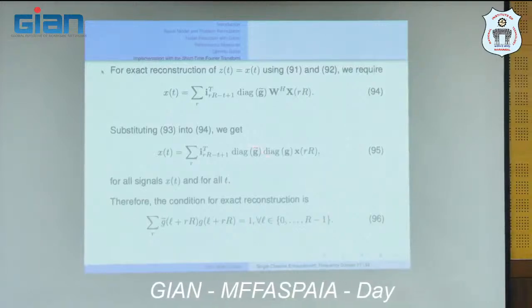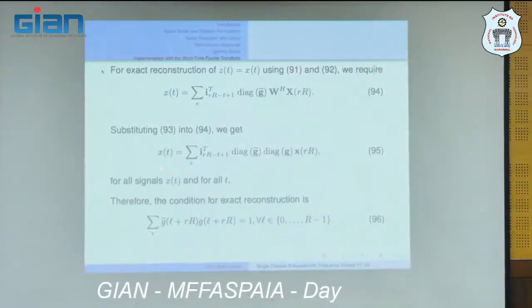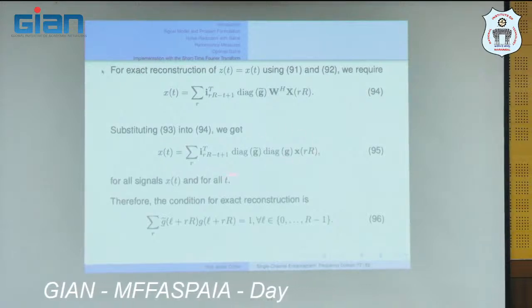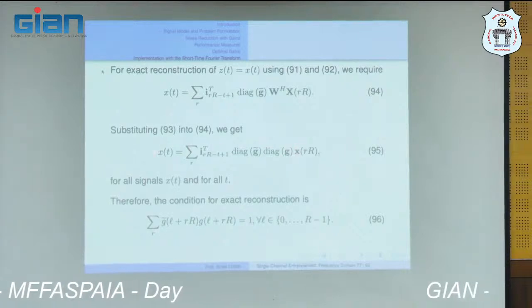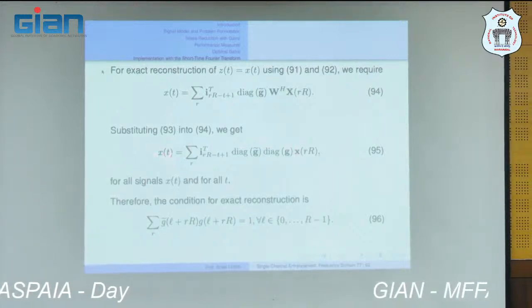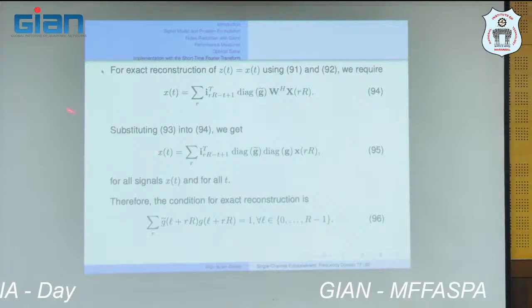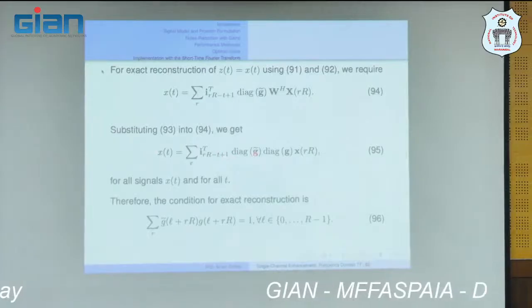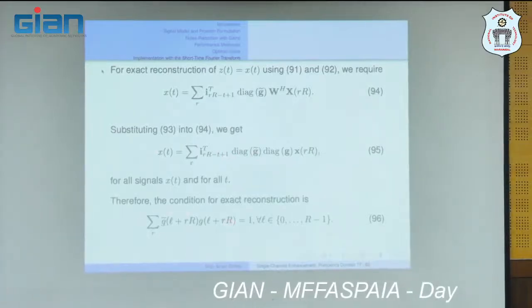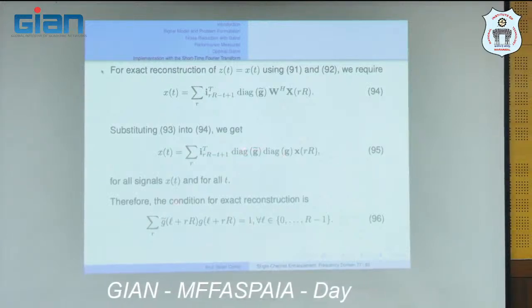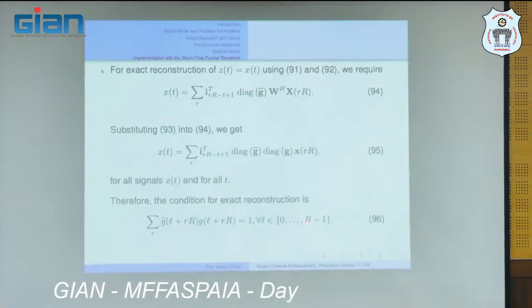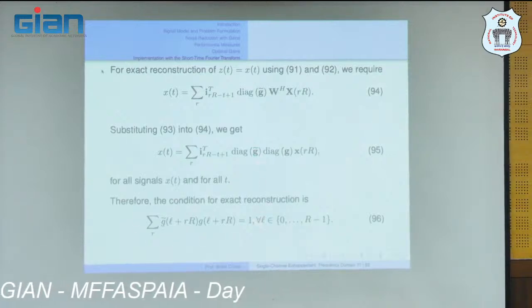So if we want to have perfect reconstruction, we need this to be satisfied for any time signal X, which means that this relation should be satisfied. From here, we can come here.